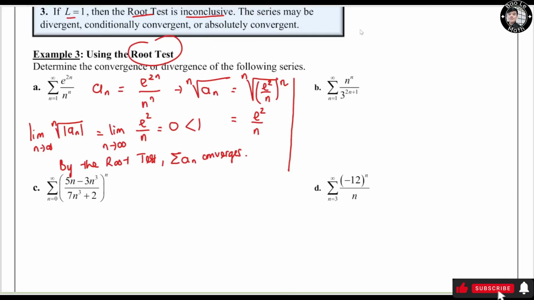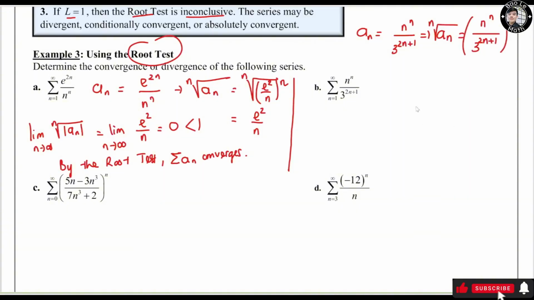Now question B. I'm going to let a sub n be n to the n over 3 to the 2n plus 1. I'm going to take the nth root of both sides, so the nth root of a sub n equals n to the n over 3 to the 2n plus 1, all together to the power of 1 over n.